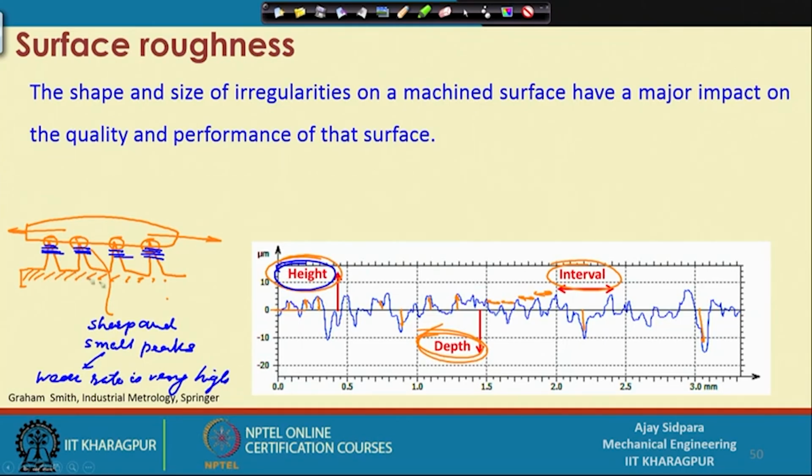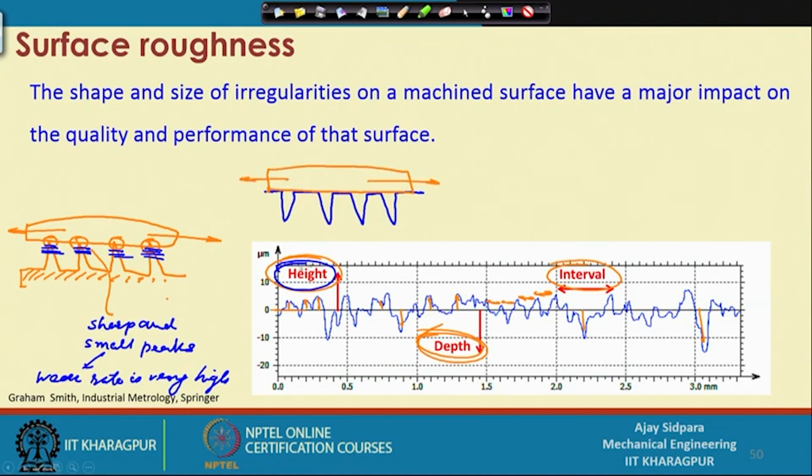Now, take the same surface. Let us just reverse it. Right. We have not done anything, just reversed the surface and put the same component on the top. This is the same component and again we are moving in both directions.